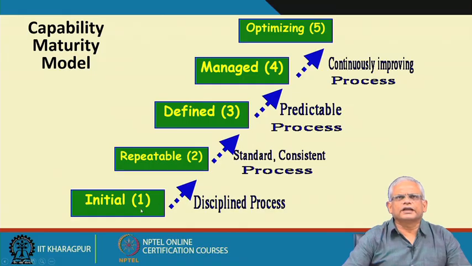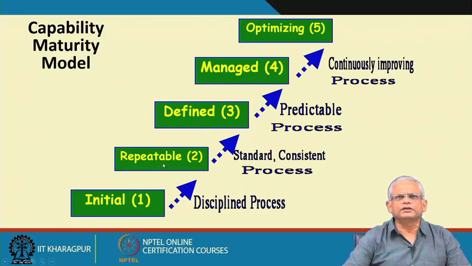So, that is the overall idea here in the capability maturity model, that the initial level all organizations qualify. This is also called the chaotic organization, where all developers are free to develop their own way, chaotic activity. That is the hallmark of the initial level.